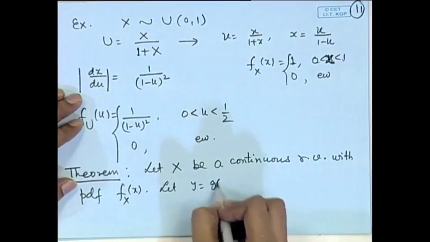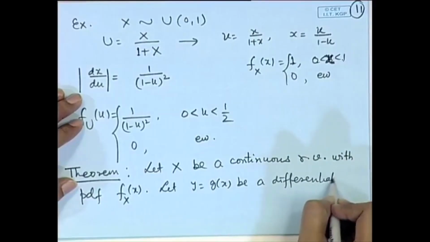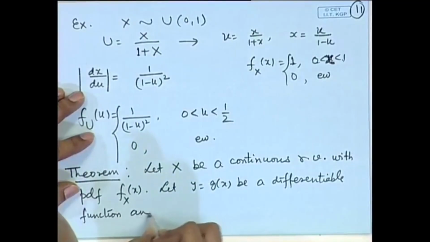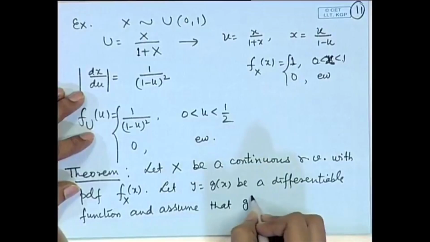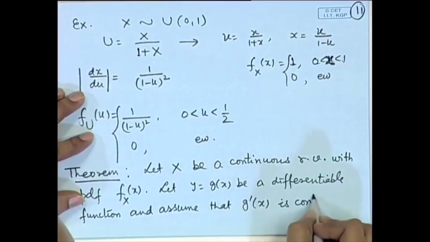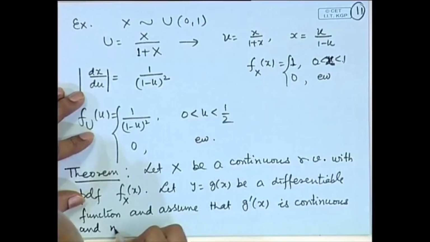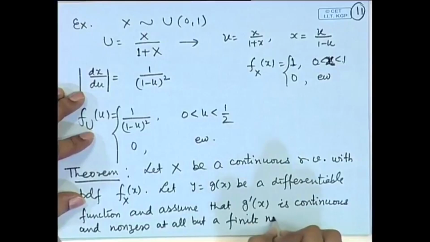Let y is equal to g x be a differentiable function and assume that g prime x is continuous and non-zero at all but a finite number of values of x.